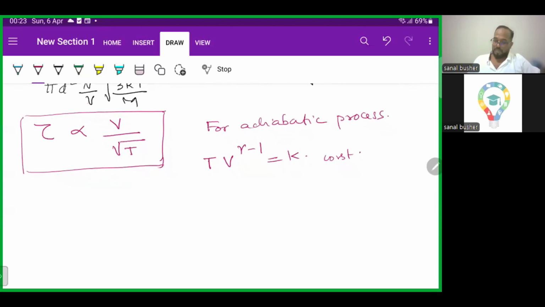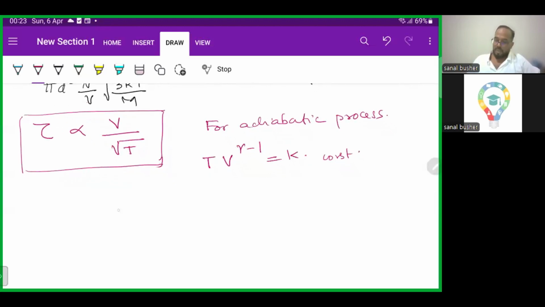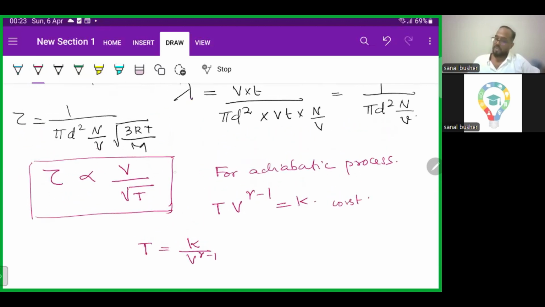From here, you can say that T will be equal to a constant upon V to the power gamma minus 1, right? You can use this relation because you need the change in relaxation time with the change in volume.